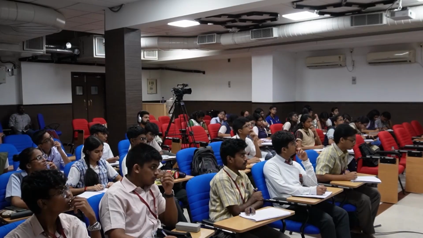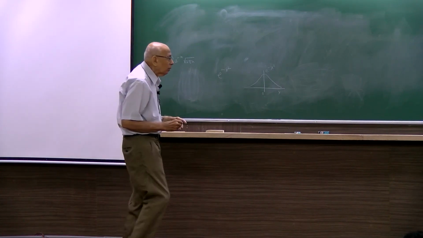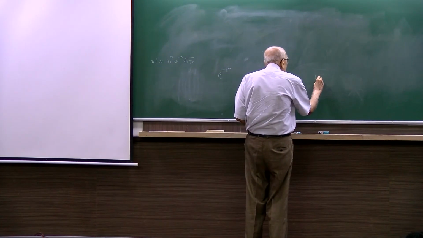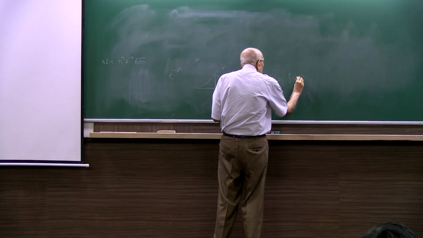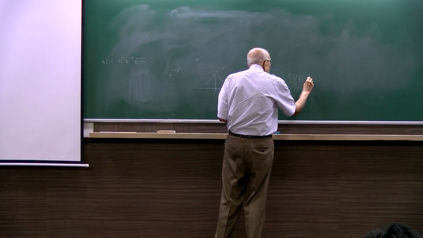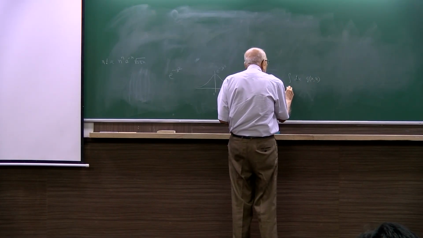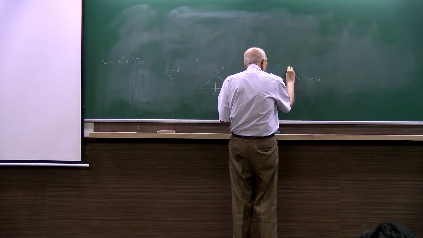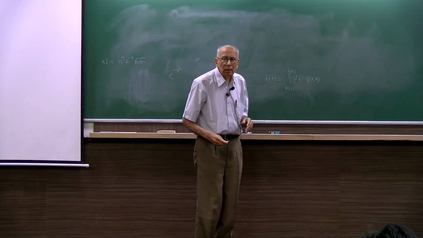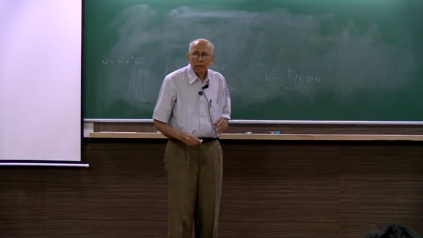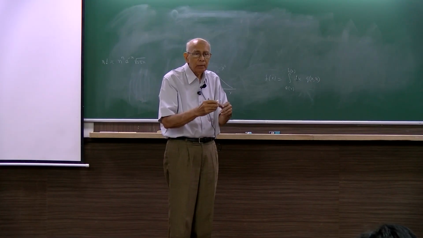Has this formula been taught to you by anybody? How do you differentiate under the integral sign? By this I mean the following. If you have a function of x defined in terms of another variable u, you have two variables x and u, let's take them to be real variables to start, and I define a function f of x which is the integral of g of x comma u du, from a lower limit in u, a of x, a function of x, to b of x on top.